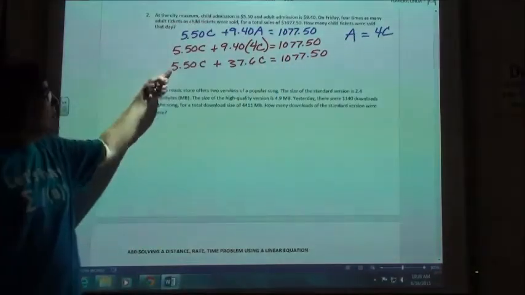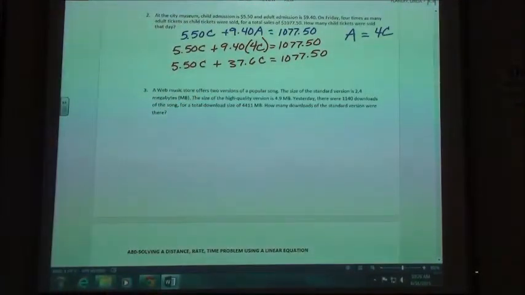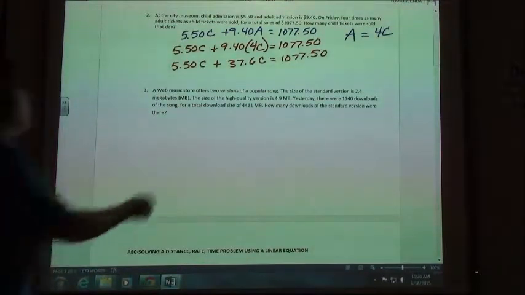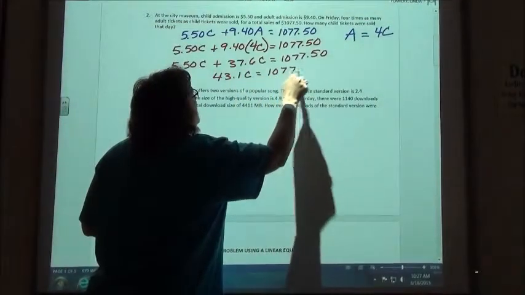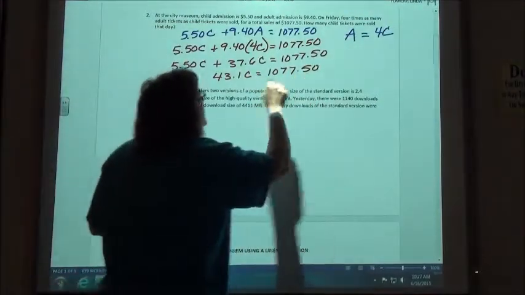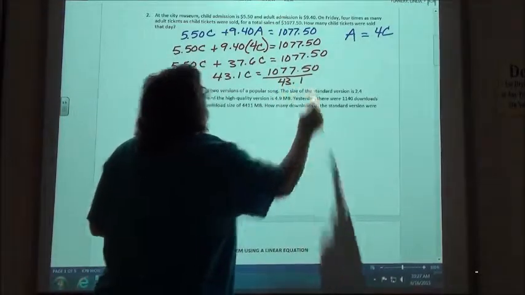So we can take our 5.50 and add it to our 37.6. Combine those like terms, we would get 43.1C equals 1,077.50, and then we're going to divide by our 43.1.